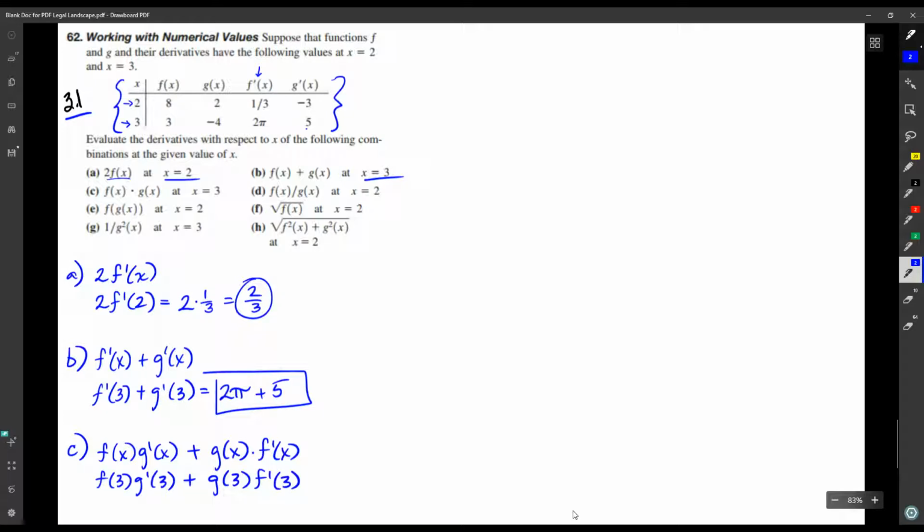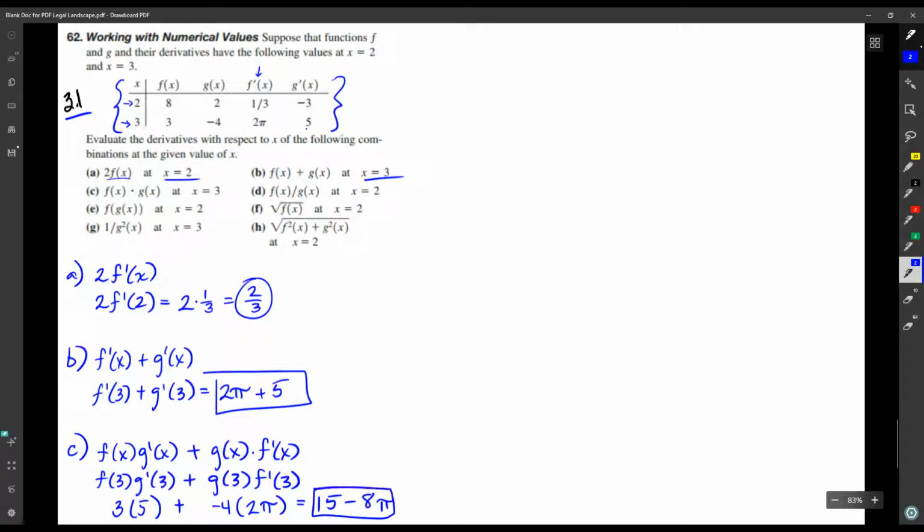So back to the table, f of 3 is 3, while g prime of 3 is 5. And g of 3 is -4, while f prime of 3 is 2 pi. So it looks to me like the final answer here is 15 minus 8 pi.